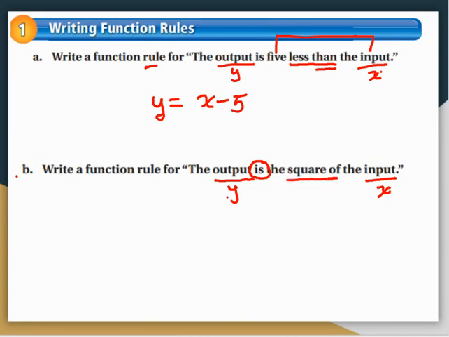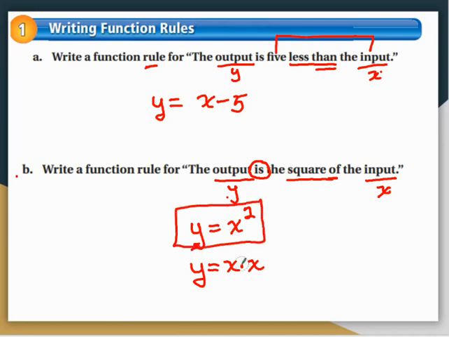So square of means, yes, you're going to multiply, but you're going to multiply the input by itself 2 times. So we have y is the square of x, the input. So we put just like this, x squared. Or you could say y equals x times x. Either way, but this is the standard way to do it right here. And this is what it means.